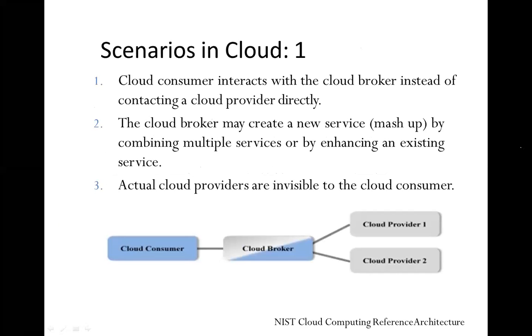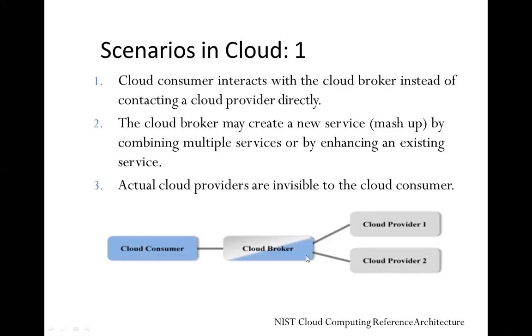Now, there are different types of scenarios that clearly explain the concept of cloud architecture as well as actors. In scenario one shown here, you can see the cloud consumer interacting with the cloud broker instead of contacting a cloud provider directly. So in this scenario the consumer is looking for some cloud services, but looks towards a broker to see who is providing which services and at which cost.